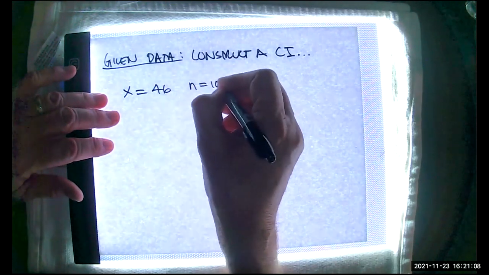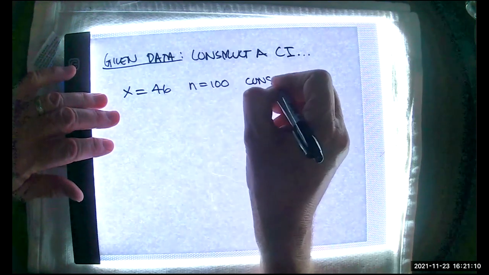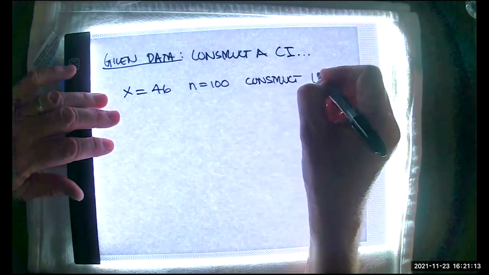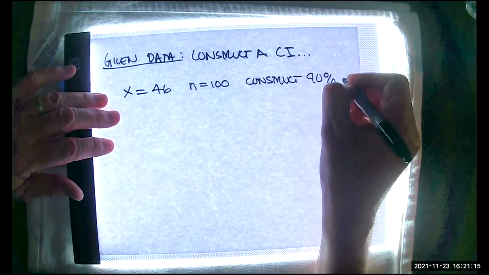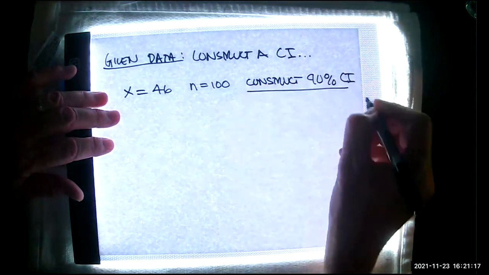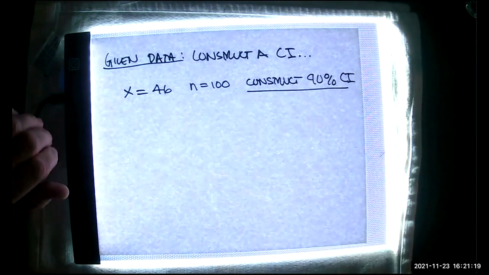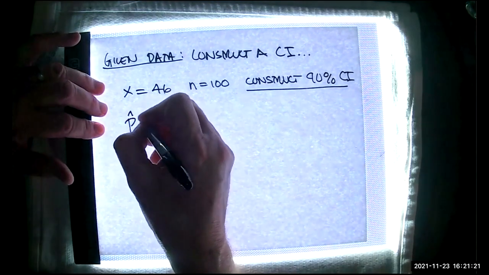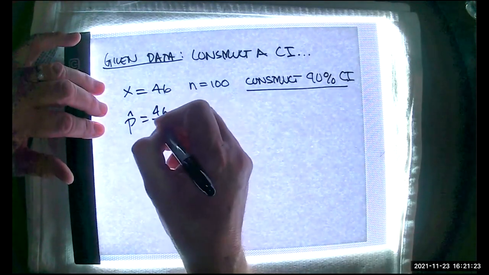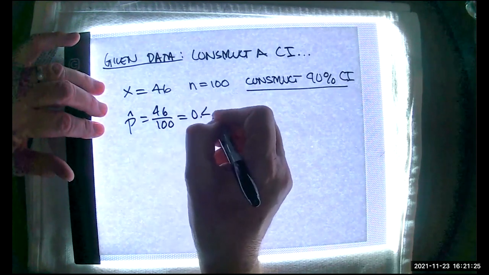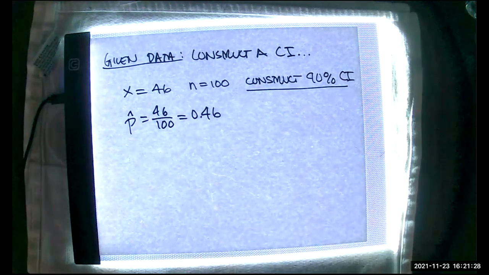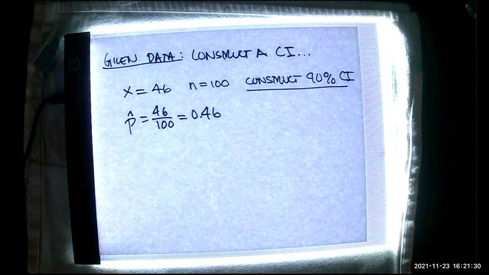Let's let n equal 100, and we're going to construct the 90% confidence interval. Now, I already know what my point estimate is. And I always ask students on this type of question, what's the point estimate? Because that's your starting point.